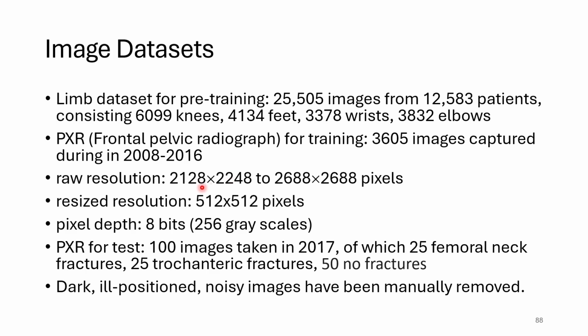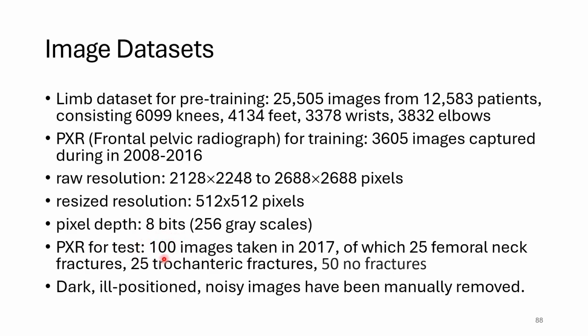They resize all of those images to a resolution of 215 square so that they have a uniform input, and use those images to train a network to predict whether there is a fracture. The format of their images is 8-bit, which means 256 grayscale.